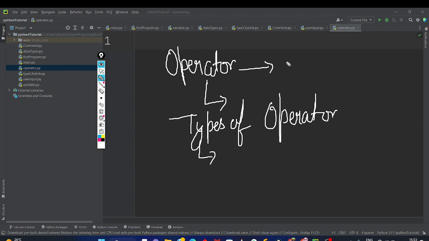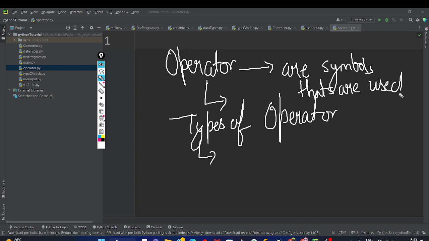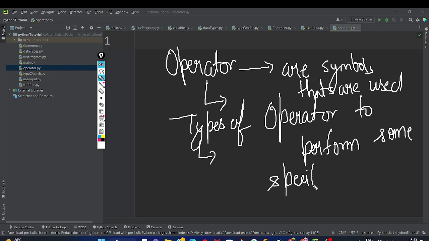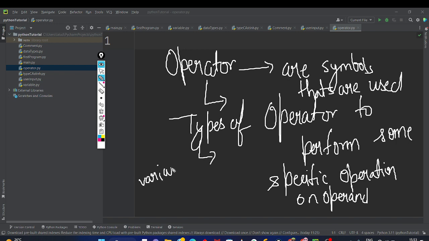Operators are basically symbols that are used to perform some specific operation on operands, or we can say variables and values. Basically, an operand is not different from variables and values.